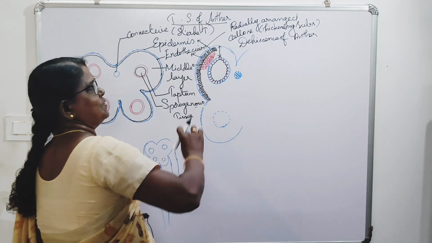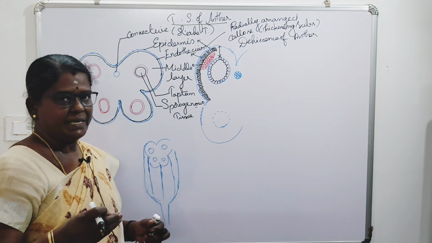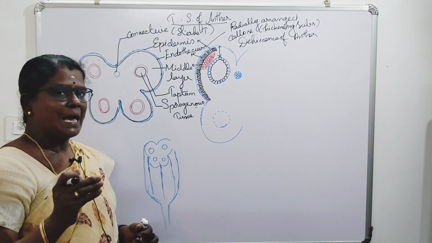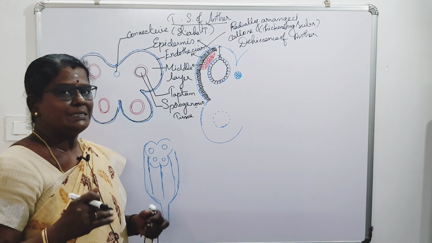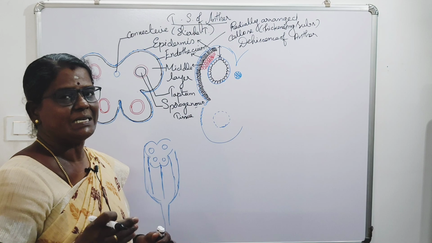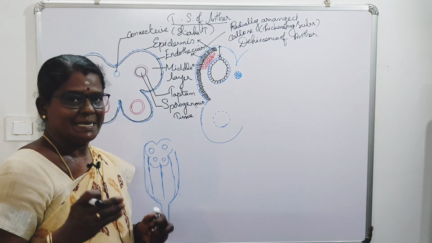These three layers form this wall, so this wall is very thick, fibrous and rigid. When the anther gets matured, it becomes soft. The callose thickening will be dissolved by a substance, that is callase enzyme.